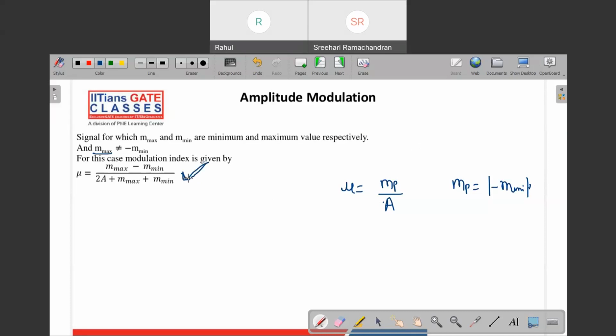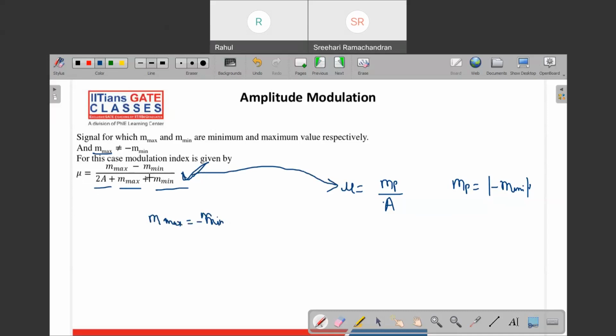In those cases the modulation index will be given as m max minus m minimum divided by 2A, times m max plus m minimum. In the case when m max is equal to minus m minimum, this formula will simply become this.